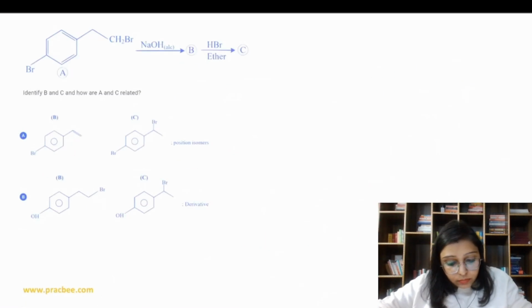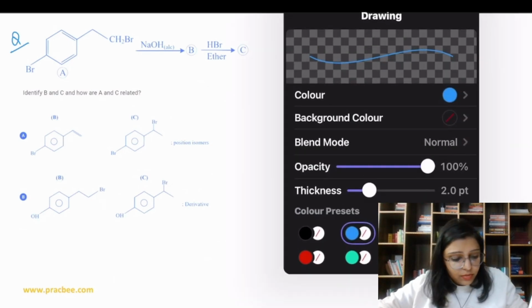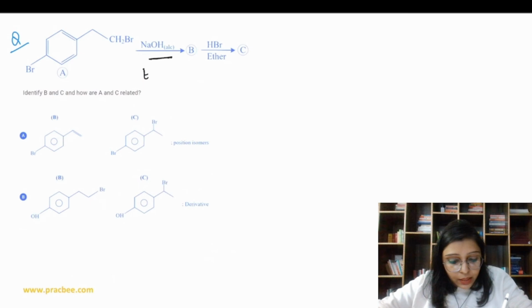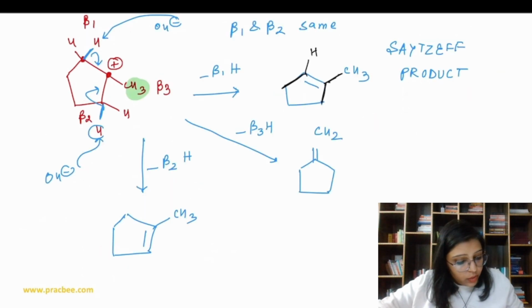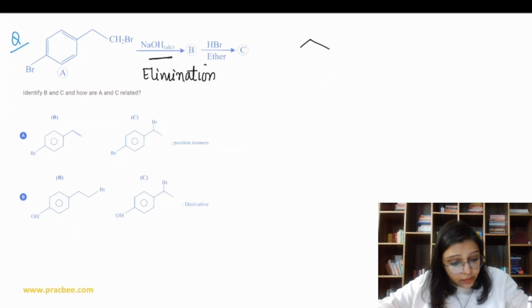Now let's do the next question. We have this CH2Br, NaOH, alcoholic KOH, a reagent based question. So what happened? Alcoholic NaOH, so it will do elimination. So let's do elimination. So first, what are we going to do? One minute. Here we have this Br, C, and this is CH2Br.